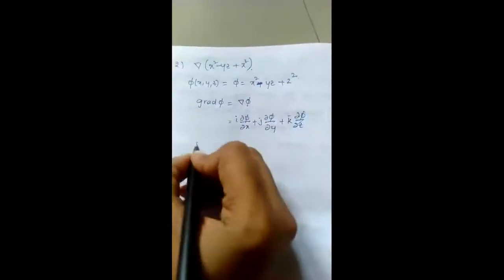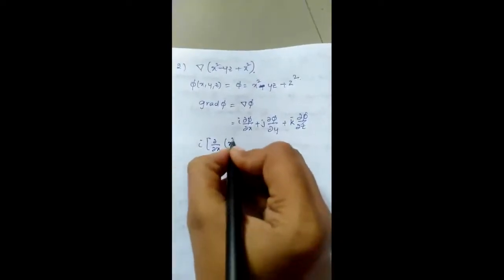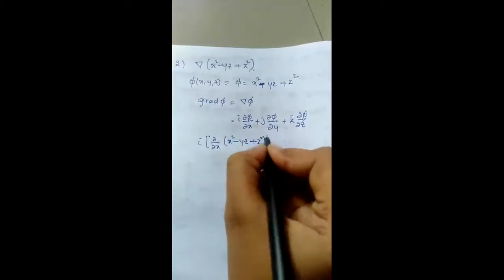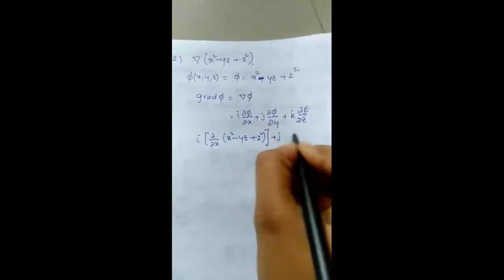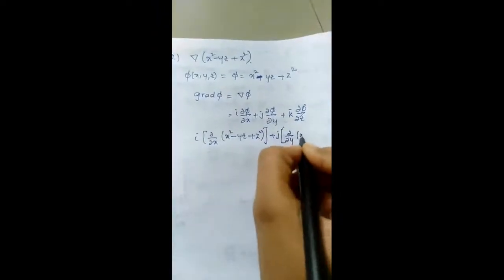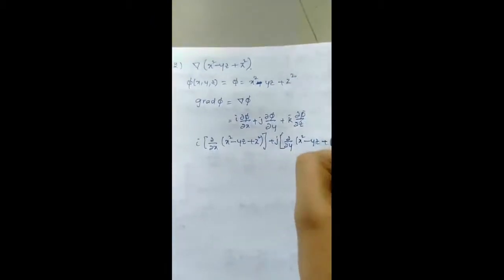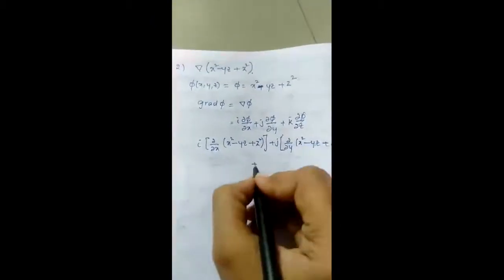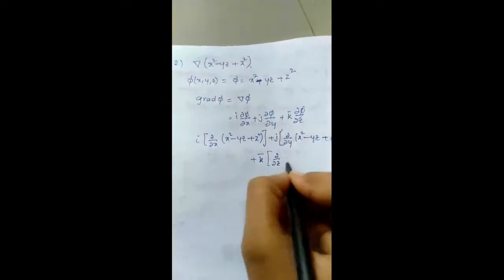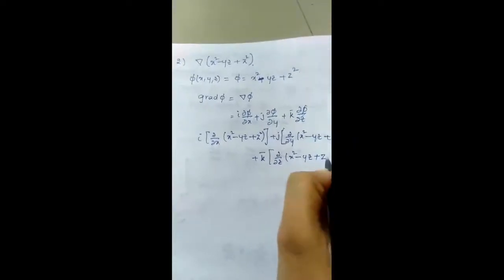So i bar dou by dou x of x square minus yz plus z square, j bar dou by dou y of x square minus yz plus z square, plus k bar dou by dou z of x square minus yz plus z square.